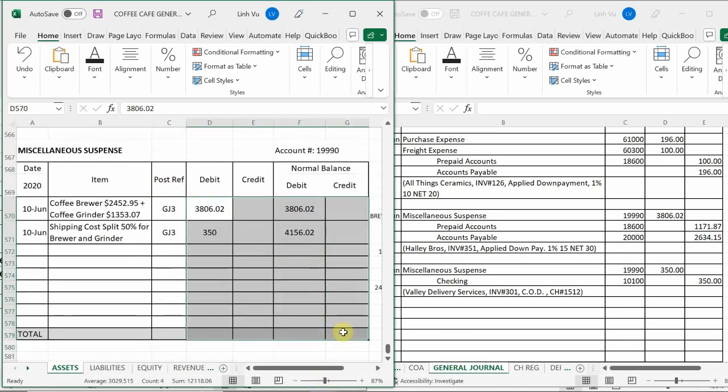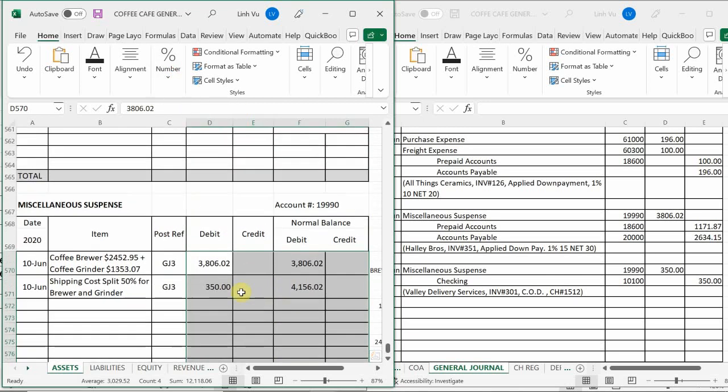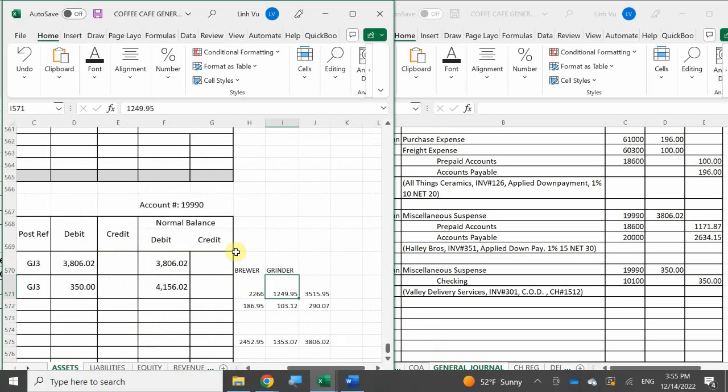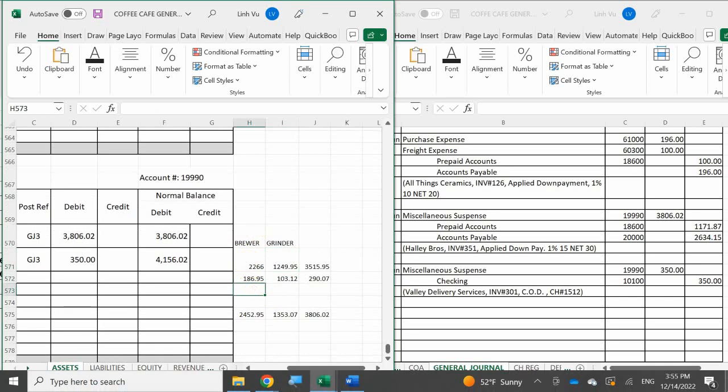Now, what I'm going to do here is on the side, since I've already established that I'm going to split the freight cost, that means that's going to contribute to my total cost of my asset. So if I'm splitting $350 divided by 2, $175 there and $175 there, therefore that $350 is going to be split to the 2.